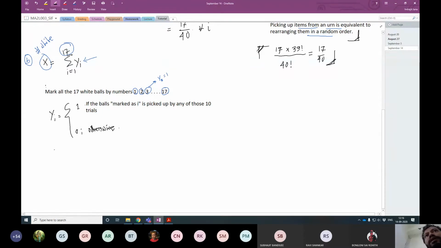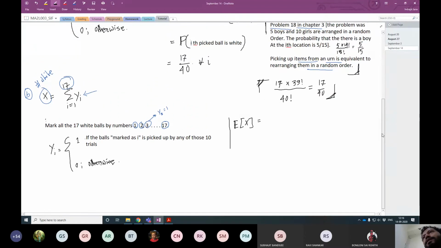And proceeding as above, the expectation of x is the summation of the expectation of yi, i equal to 1 to 17. And the expectation of yi, again by the previous logic, since these are indicator variables, is simply the probability that yi is equal to 1.